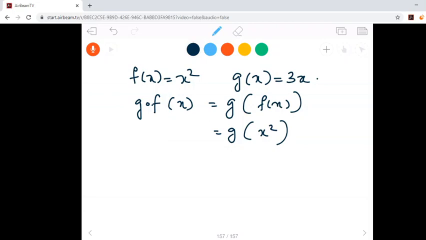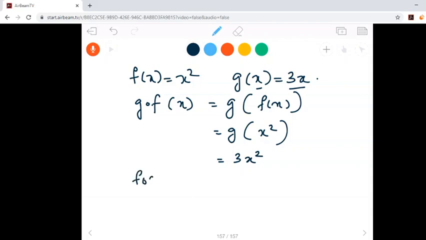And if I give input as x, I will get 3 times x as output. So here I will get 3 times x square. So g composite f of x is equal to 3 times x square.